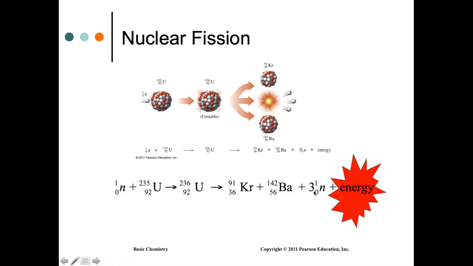Now, please note, rather than writing the symbol for neutron 3 times, we just put a 3 in front of it. So this 3 in front of our neutron is telling us that we're multiplying by that. In case you're curious, that number is called a coefficient.